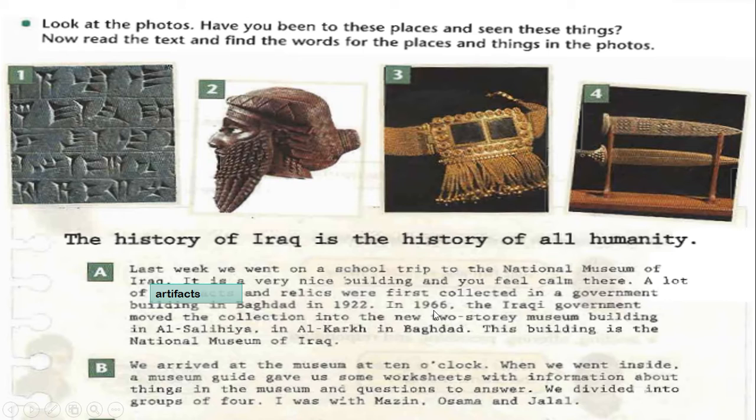In 1966, the Iraqi government moved the collections into the new two-story museum building in Al-Salhiyya in Al-Karkh in Baghdad. This building is the National Museum of Iraq.